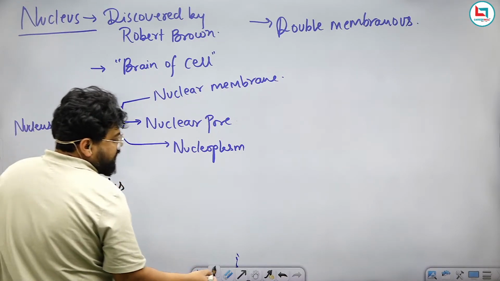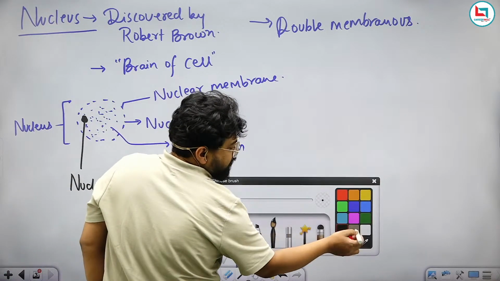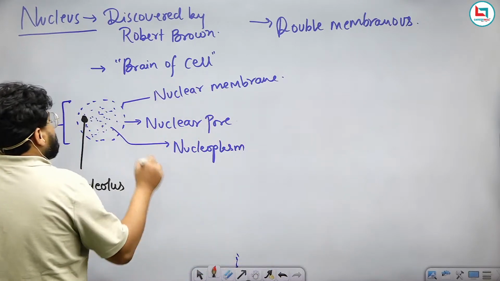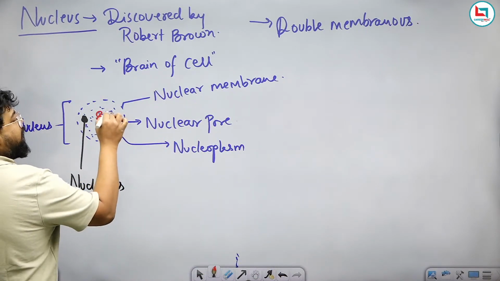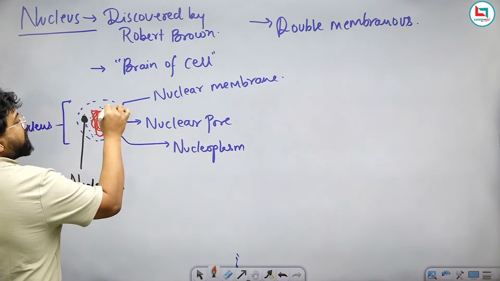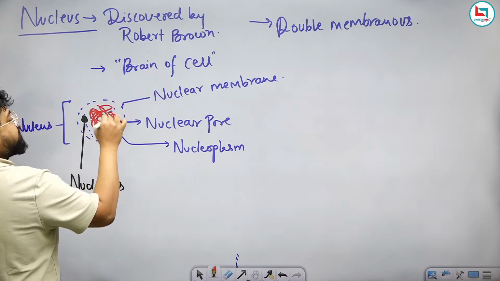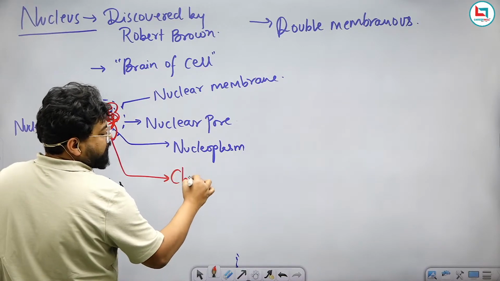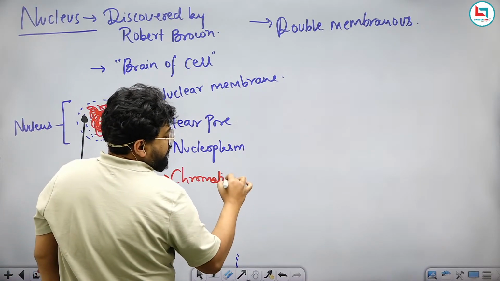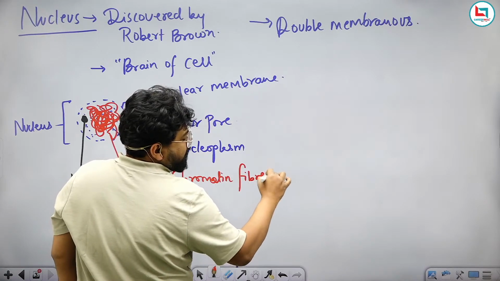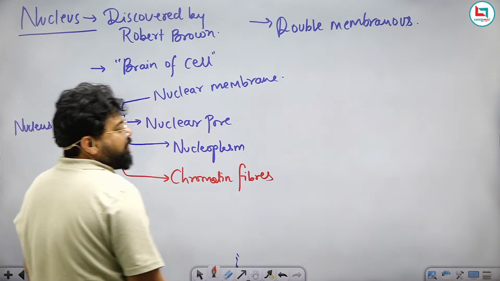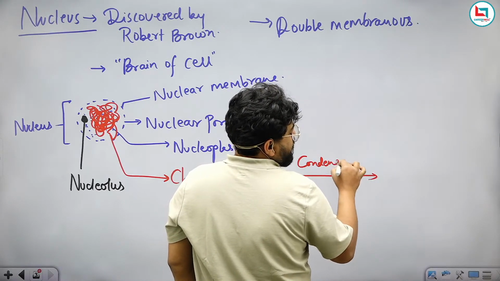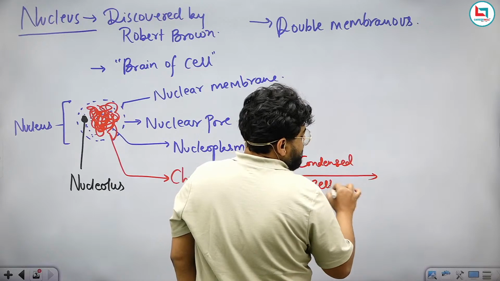And inside this nucleoplasm, we'll find a highly coiled thread-like structure. This highly coiled thread-like structure is said to be chromatin fiber. These chromatin fibers get condensed during cell division.